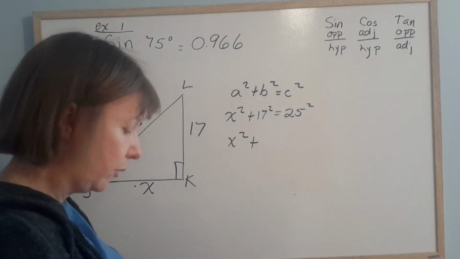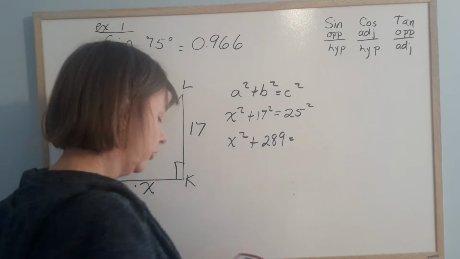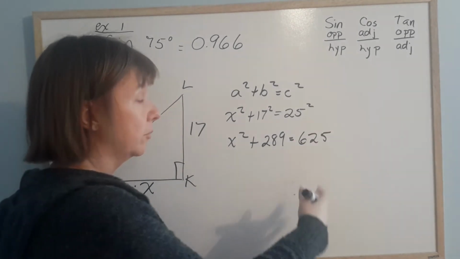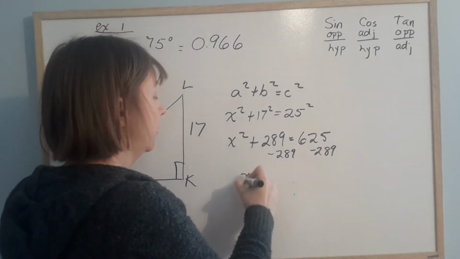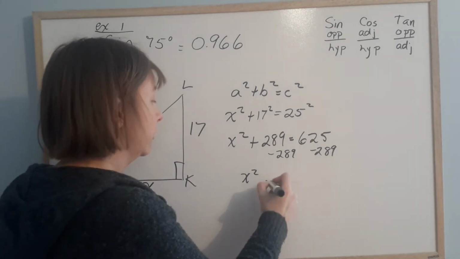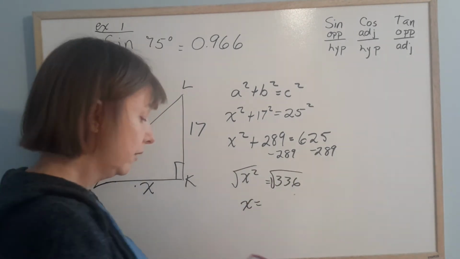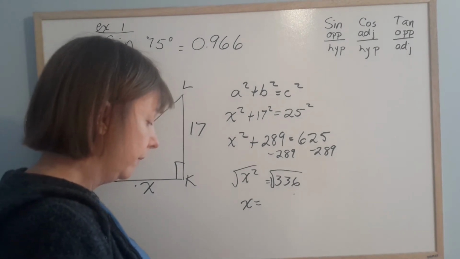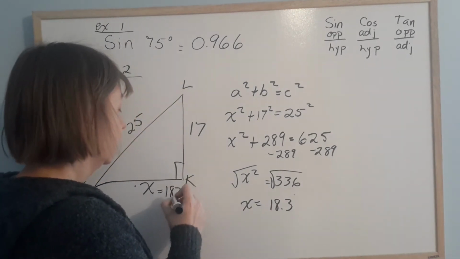So 17 squared is 289. And 25 squared is 625. So I'd subtract 289 on both sides. And I would end up with x squared is 336. Don't forget you have to take the square root of both sides. And you get that it's 18.3. And voila, you have your answer.